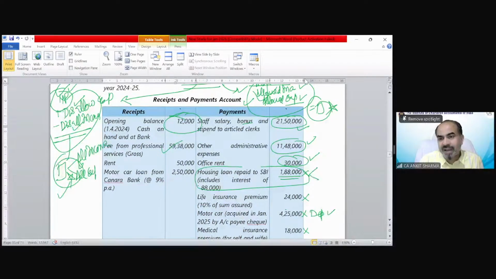Out of this 1,88,000, 88,000 was interest, as given in the question. So 1 lakh is the principal amount, which is going to be claimed under section 80C, and the interest is under income from house property. So we are doing the treatment of 88,000 under income from house property.